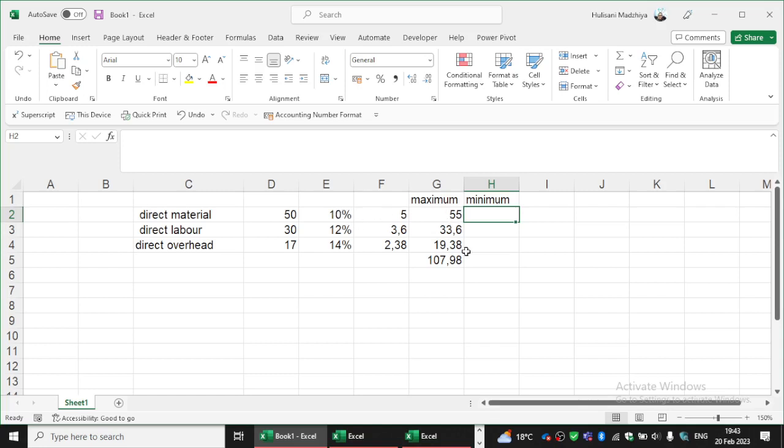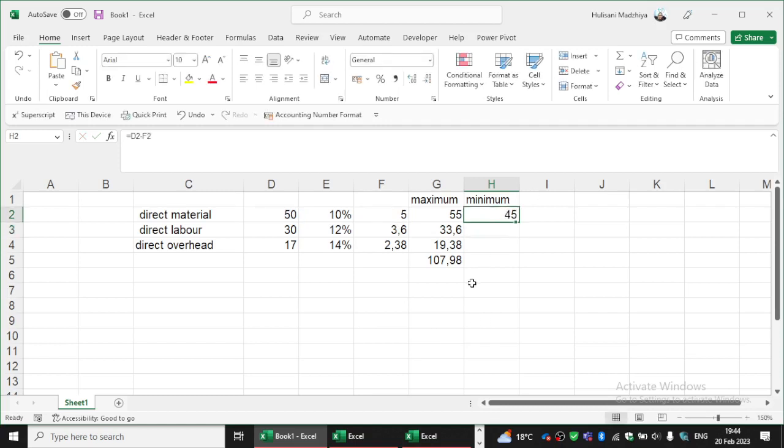So here you are going to have minus 5, minus 3.6, minus 2.38, meaning that we expect the current price to go down. So the new way of calculating the minimum is 50 minus the 10%, which is the 5 rand, so we expect it to go down to 45.